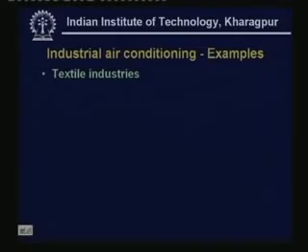Textile is one of the oldest users of air conditioning. The yarn used in a textile is very sensitive to temperature and humidity. So if you want to have a very high output, you have to maintain the humidity and temperature within certain limits so that the yarn can move at high speeds without breaking. This is the reason why it was used in the early days, and how the output was increased using an air conditioning system.